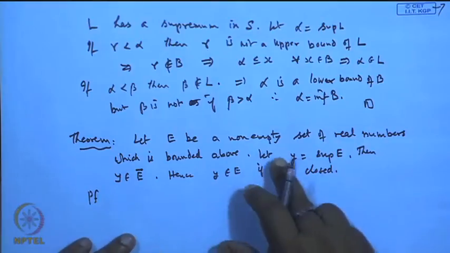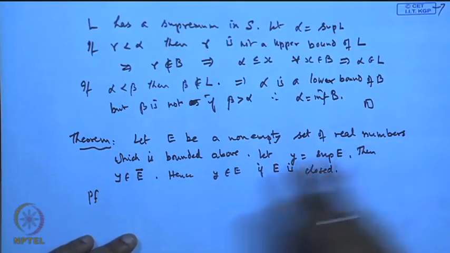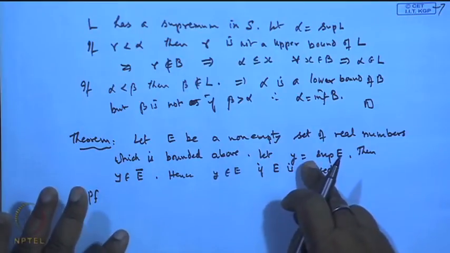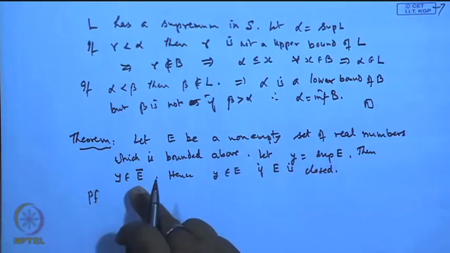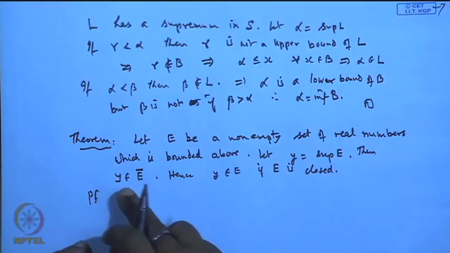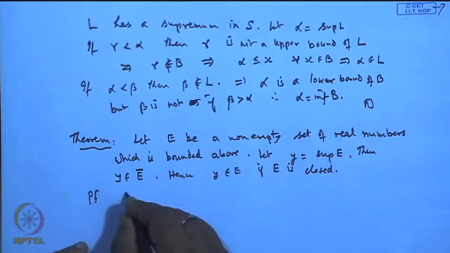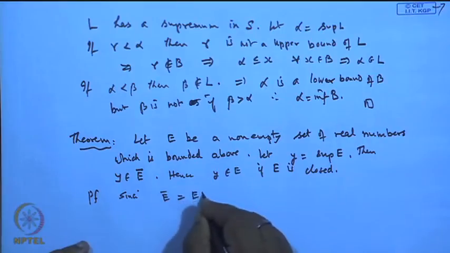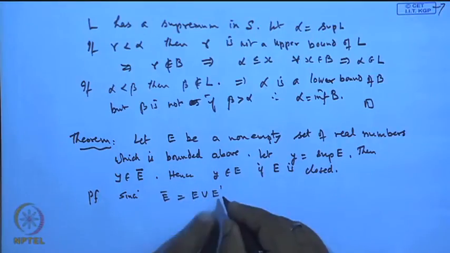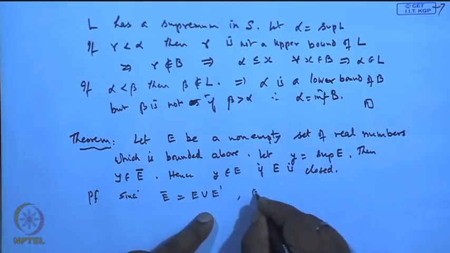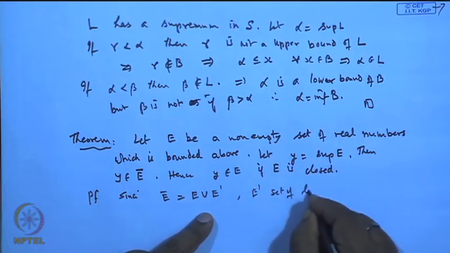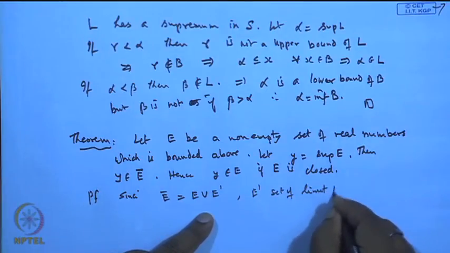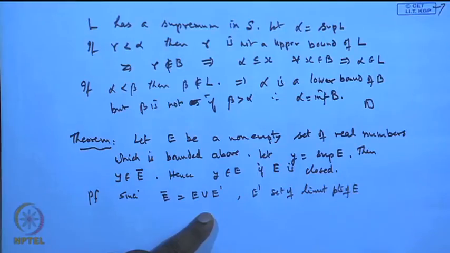So, E is a non-empty set of real numbers which is bounded above, and the supremum of E is y. Then y will be a point in E bar. Now, E bar is the union of E and E dash, where E dash is the set of all limit points of E, the collection of all the limit points of E.